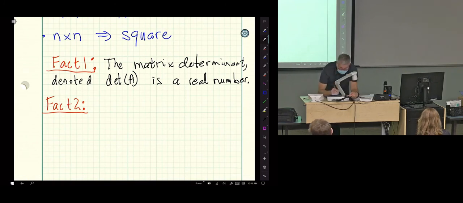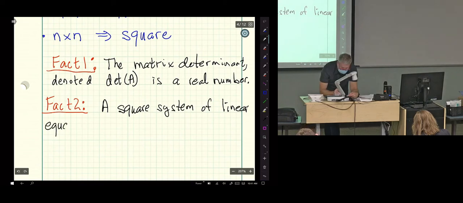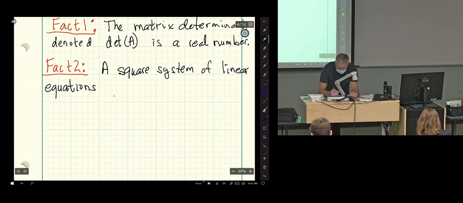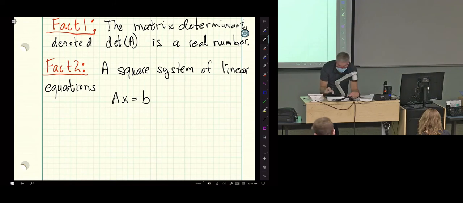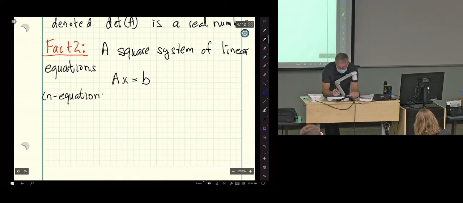Fact two. A square system of linear equations, let me just separate it out so it's not bunched up, AX equals B. So square means n equations, n unknowns.